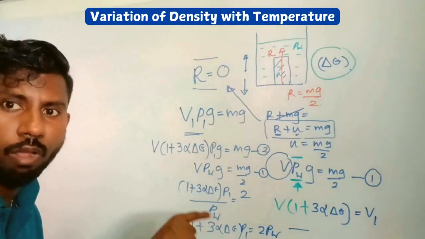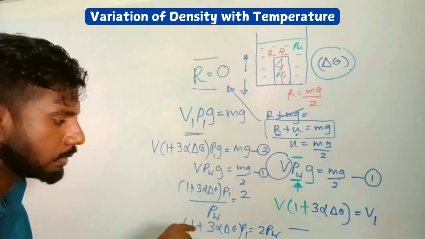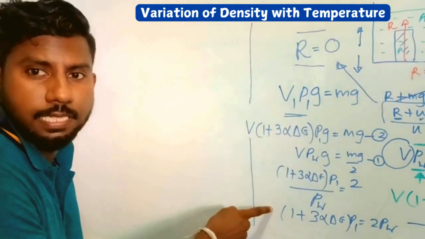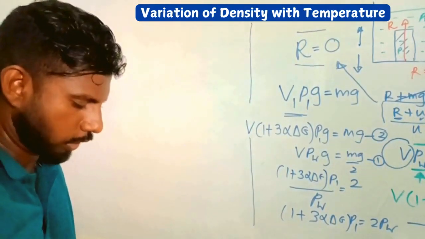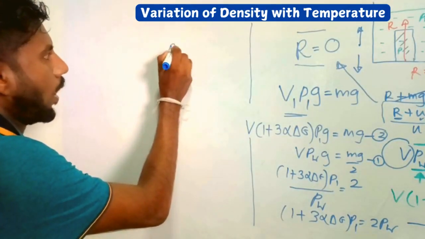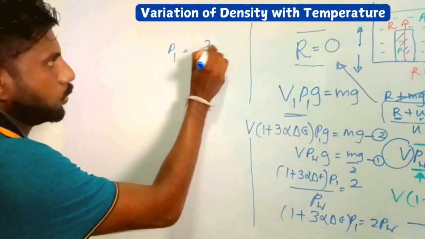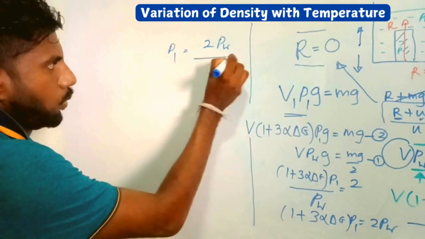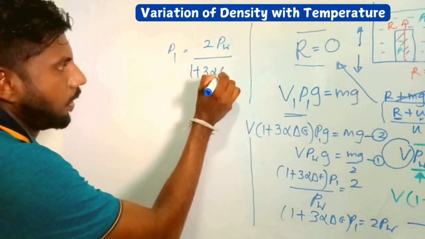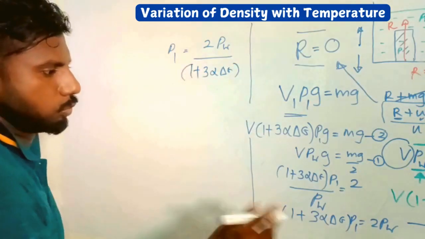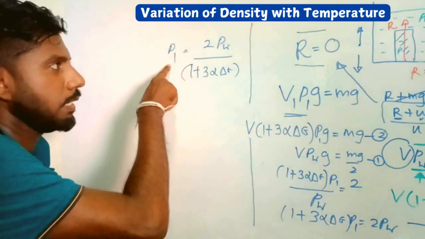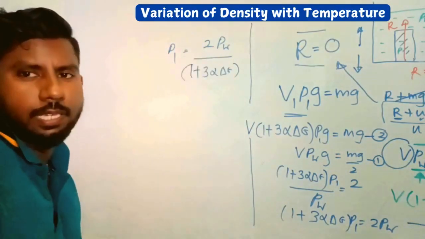So from this equation we are connecting density and the temperature change. Our rho 1 value equals 2 rho W over 1 plus 3 alpha delta theta. This is what we got from here. So then we have the final density and the connection to the initial density.